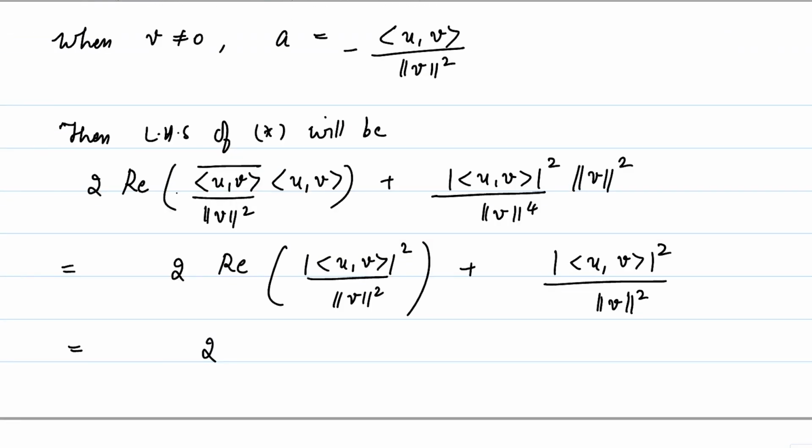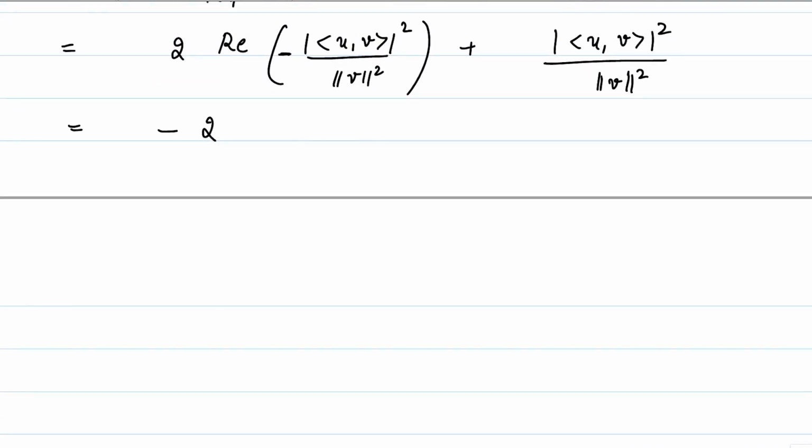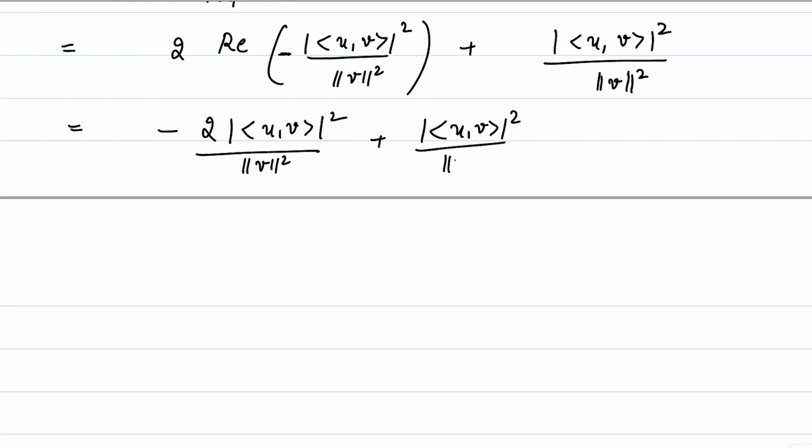Then this will be minus of this, then this is going to be 2 times minus of this, which is minus of 2 times the absolute value of the inner product of u comma v square by length of v square plus the absolute value of u comma v, the whole square, by the length of v square.